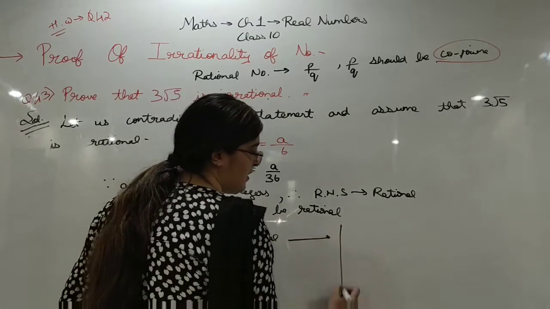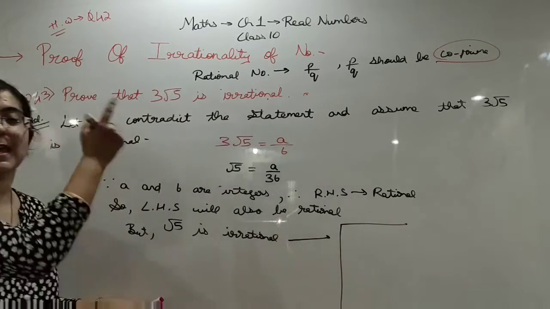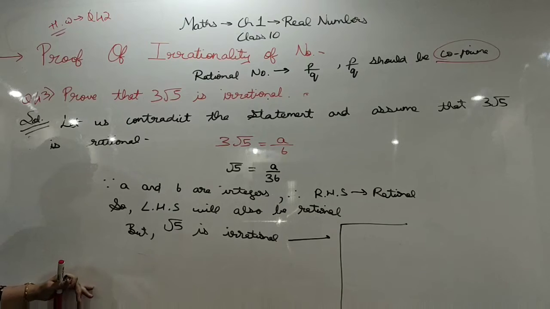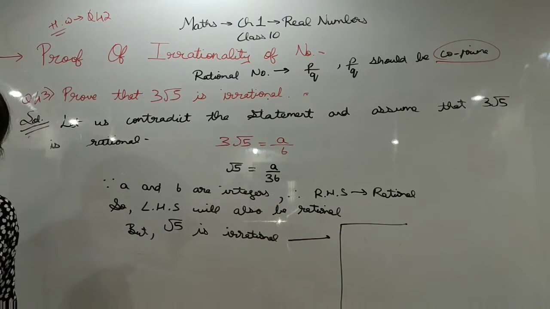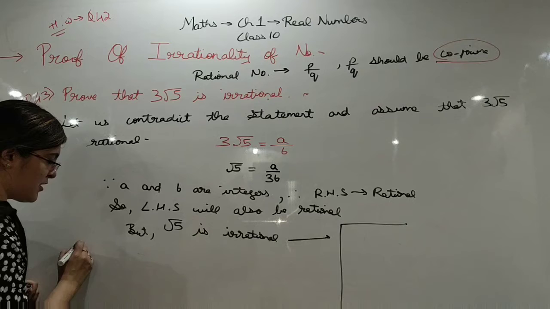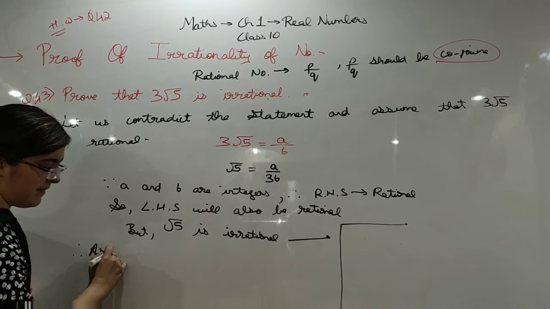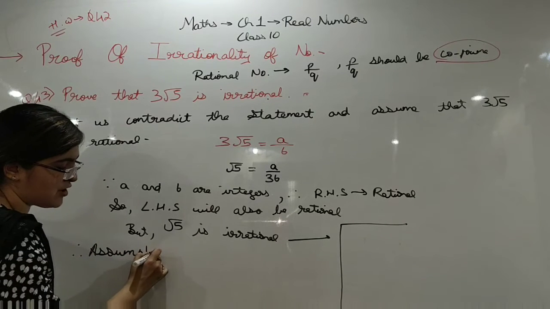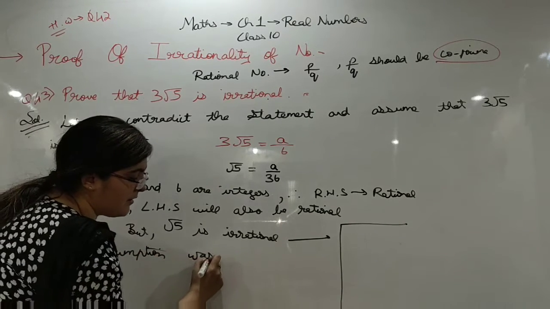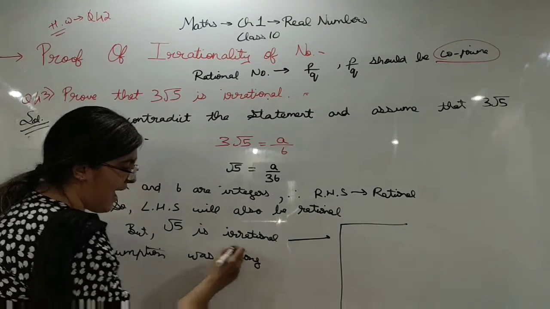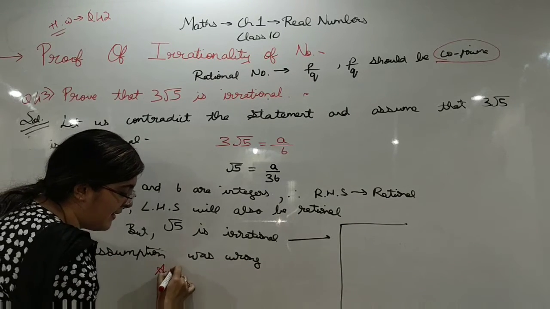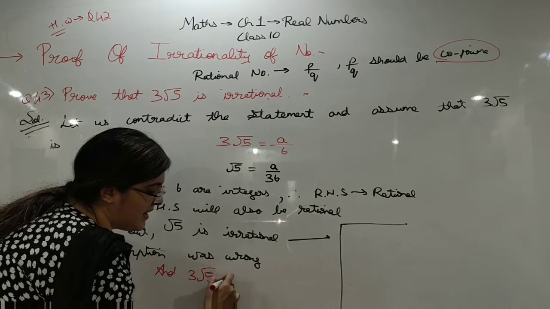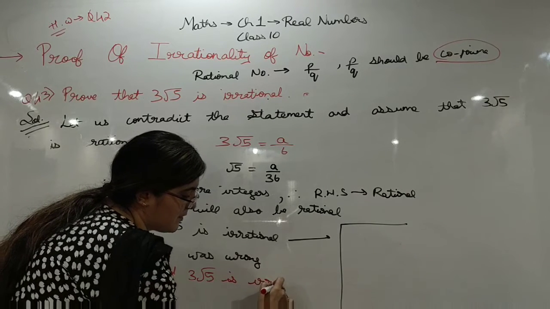Same thing, as we have done in question 42. You have to prove root 5 as irrational. So our assumption was wrong. Therefore, our assumption was wrong, and 3 root 5 is irrational.